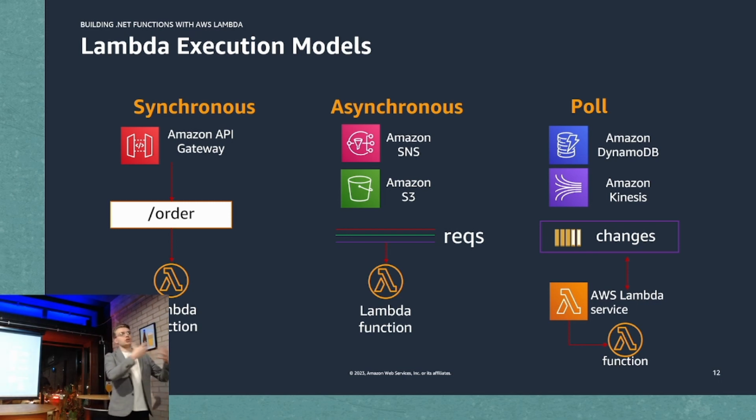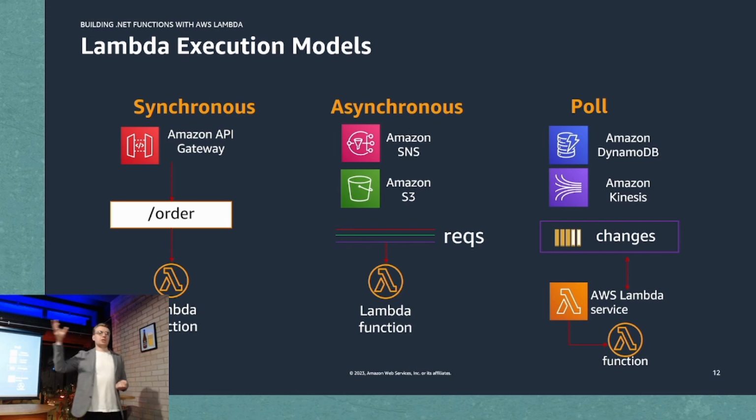So a request will come into your API, API Gateway will invoke your Lambda function, and it will sit there and wait to the point in which your Lambda's finished running. Your Lambda will return a response back to API Gateway that will then come back to your caller. If your Lambda function was to fail for any reason, you then get a 500 on your API. It's kind of the easiest and the most common that we see, at least when people get started with Lambda.